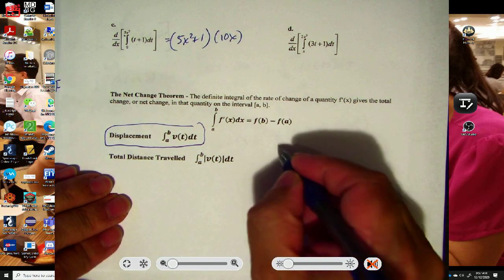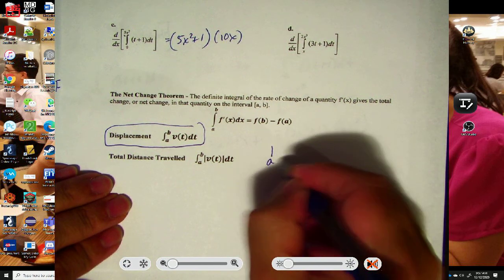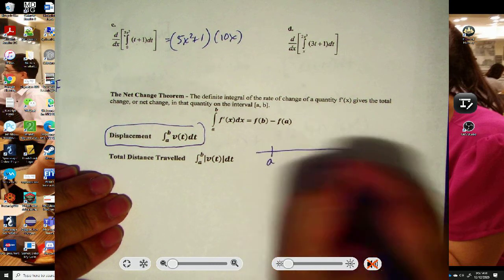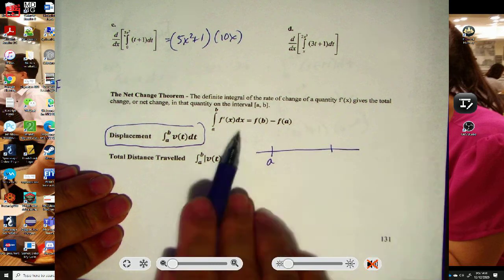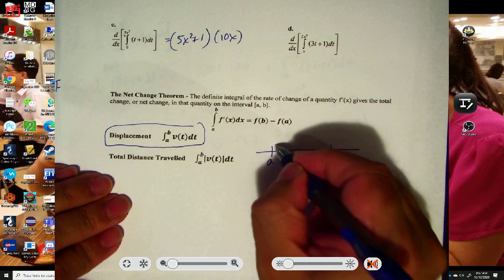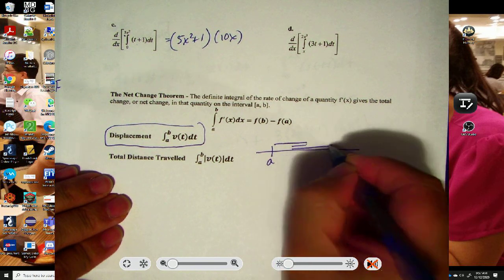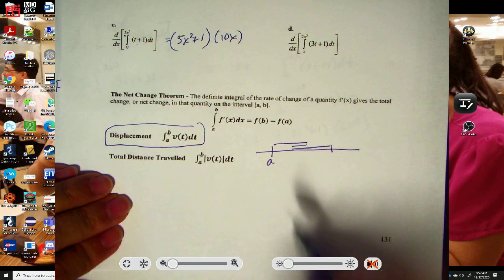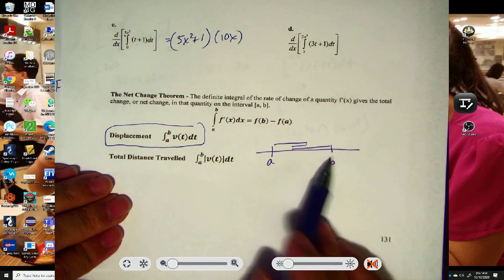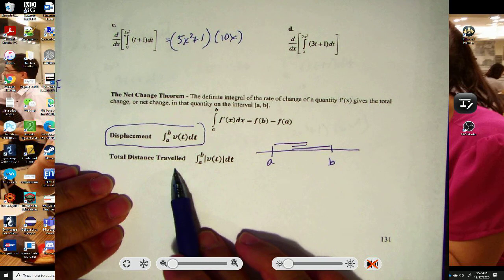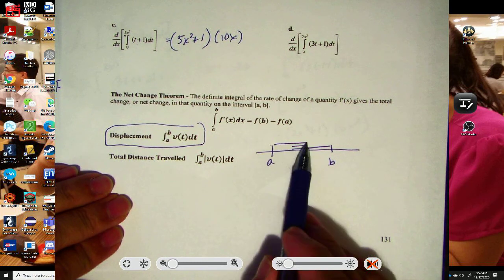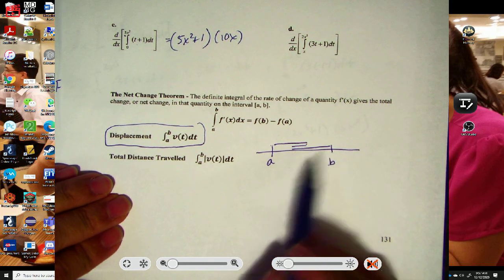Displacement is kind of like if you start at point A here, let's say you're on a horizontal line, and this function describes distance that moves like this, and then you go backwards, and then you go forwards. So displacement would be how far are A and B apart. Well, total distance travel would be how far is that, how far is that, how far is that, and add all three together.